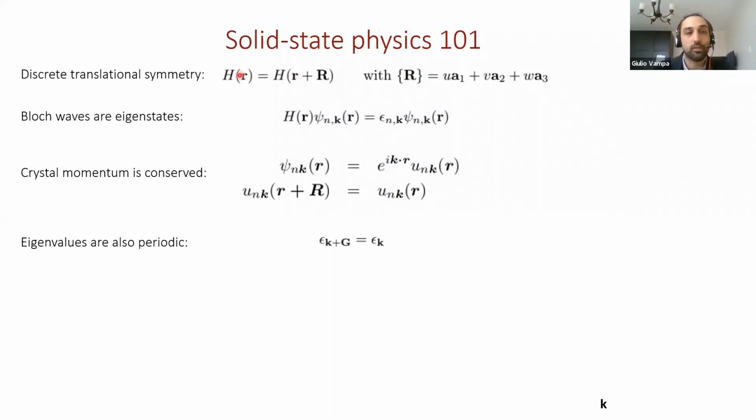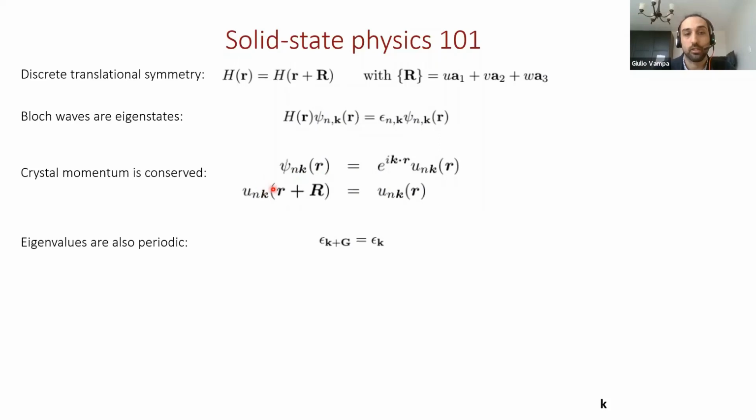As a result of this periodicity, you can read about Bloch's theorem, but it turns out that the eigenstates of this Hamiltonian are the so-called Bloch eigenfunctions, Bloch waves, which is psi n k. They're labeled by an index n, which is the band index, and a momentum k, which is the crystal momentum. The property of these wave functions is that this crystal momentum k is conserved.